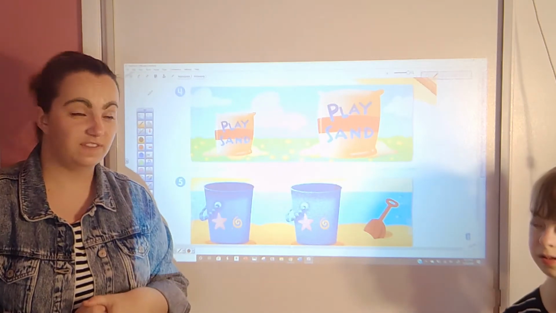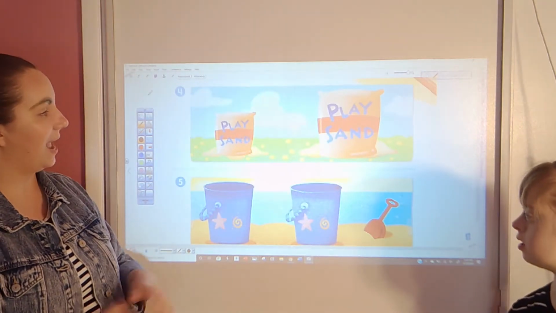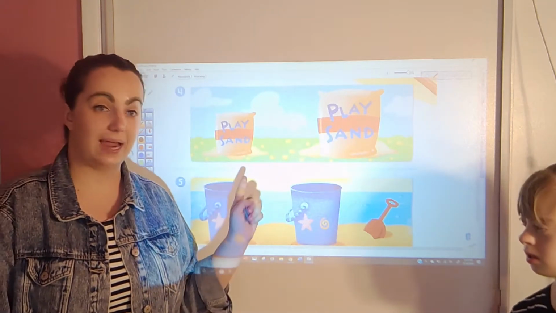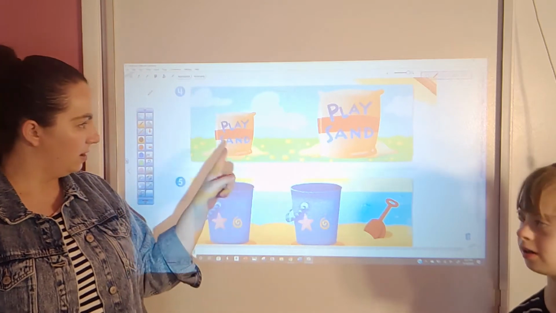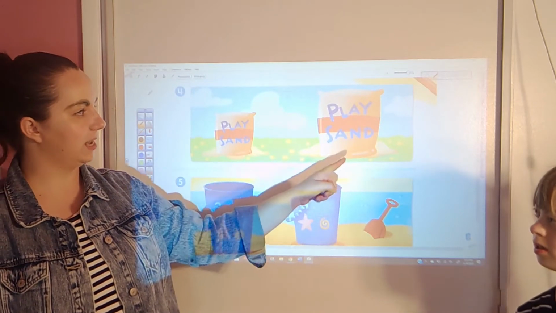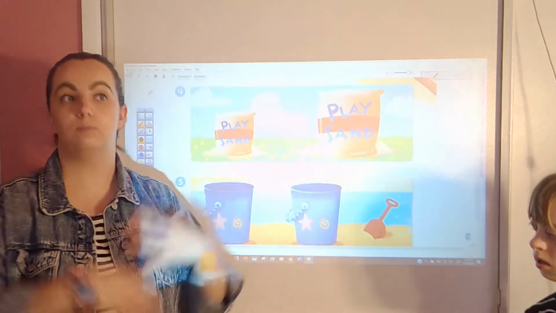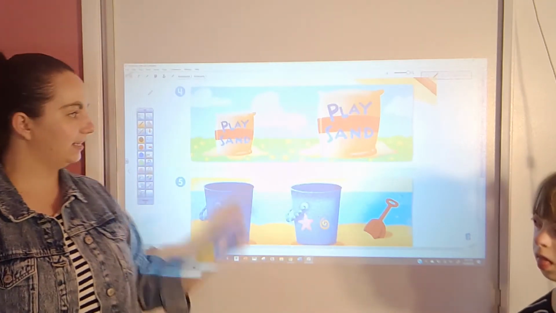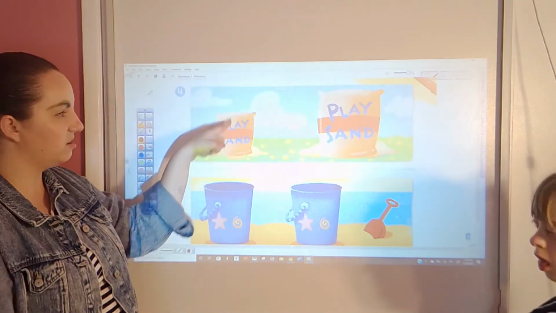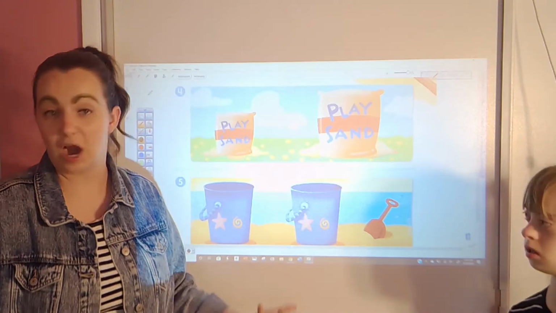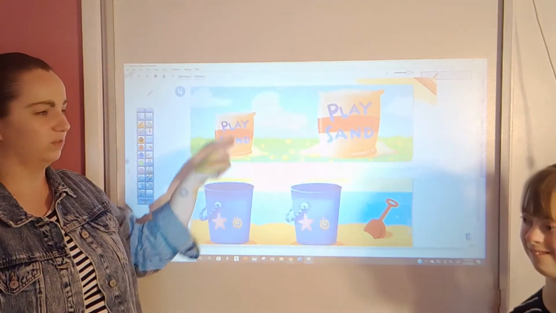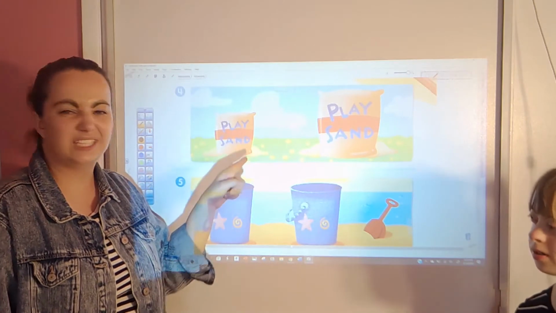To help us figure that out, I might look at the size of these bags. I see that this is a bigger bag, meaning more space for more sand. I see this is a smaller bag. It's not as tall, just like we learned about in our height lesson. Not as tall, not as much space to hold sand.